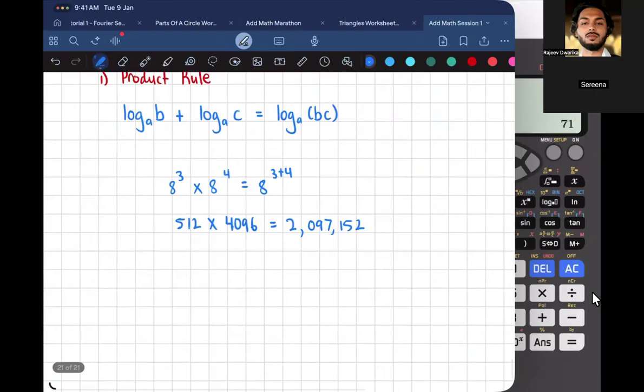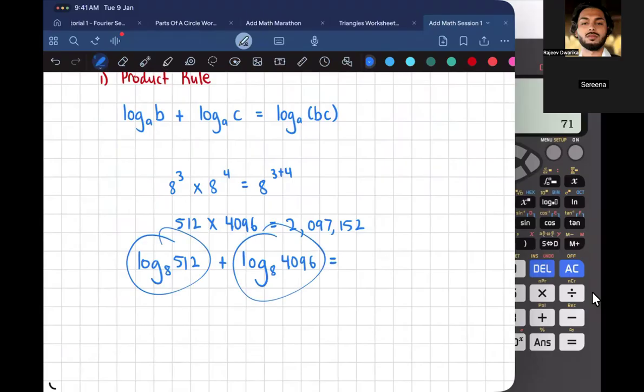Let me see if this is making sense. If I put log base 8, the base here is 8, right? For 8 to the power 3, the argument would be 512. Yeah or no? Yeah. Okay. So if I put log base 8 of 512, and I add it to log base 8 of 4096, that's supposed to be equal. This is just talking about the powers. It's looking a bit different, but this is just the power.